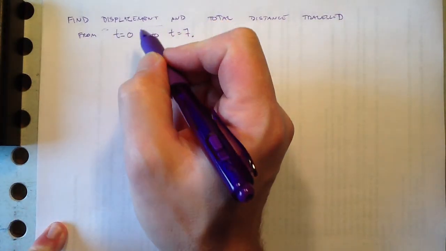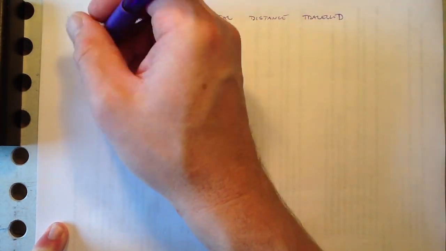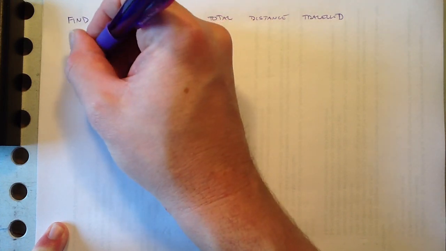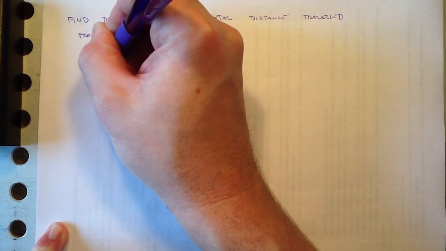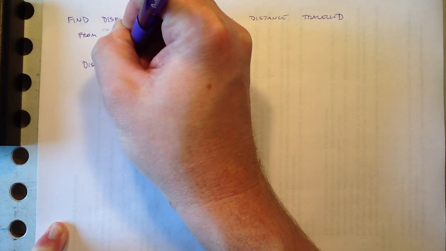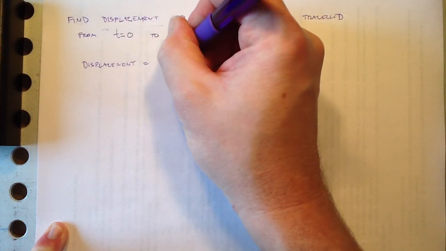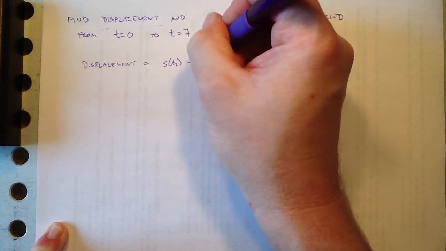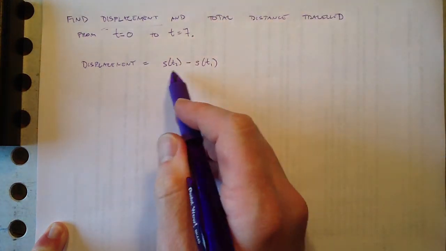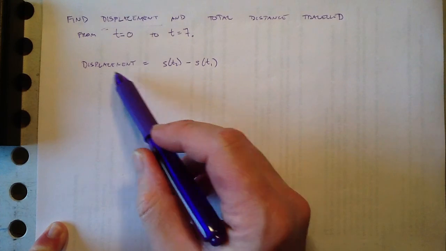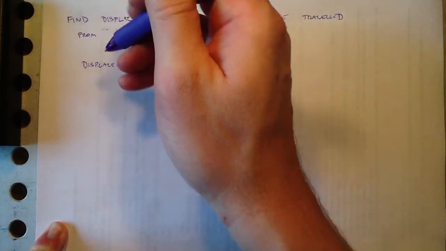Now, displacement is easy. To find displacement, the definition of displacement is just your position at time 2 minus your position at time 1. What happened in between? It does not matter. When we're finding displacement, we don't care.